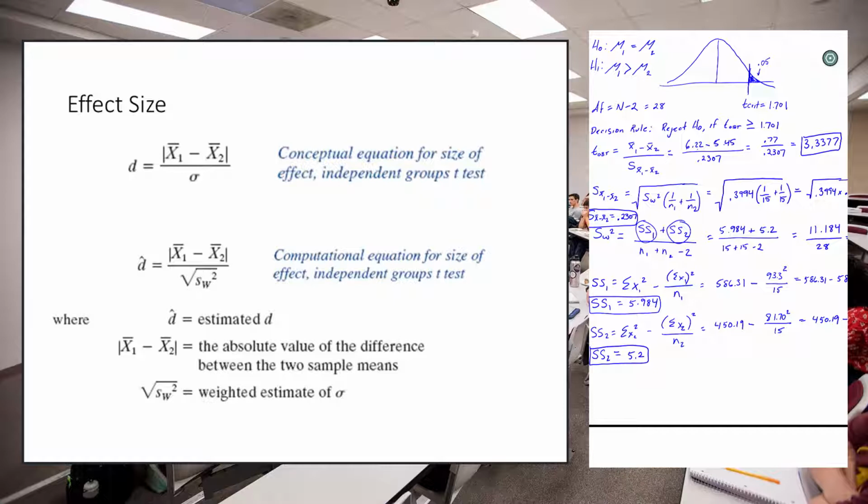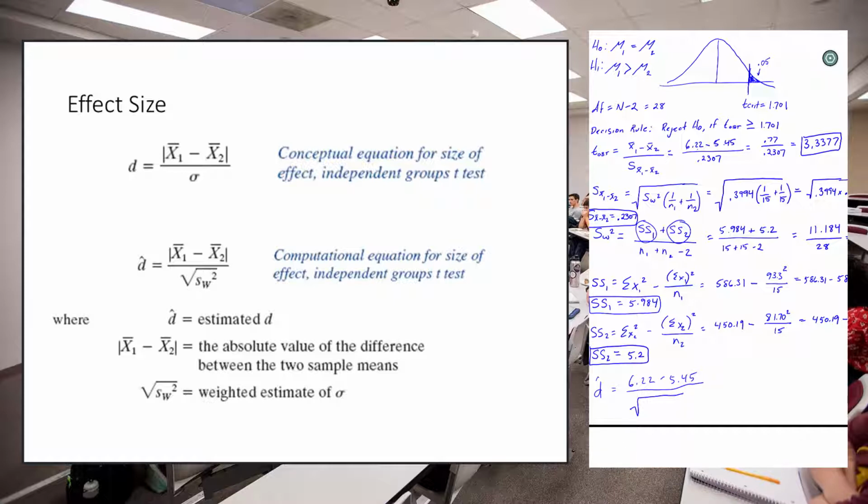So we can simply plug in our values. Estimated d is equal to the difference between means, which is just the numerator of the t equation, 6.22 minus 5.45 divided by the square root of the pooled variance.